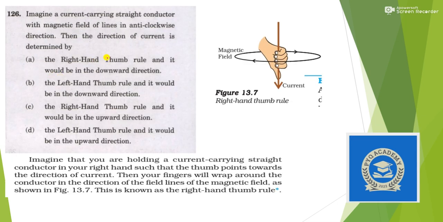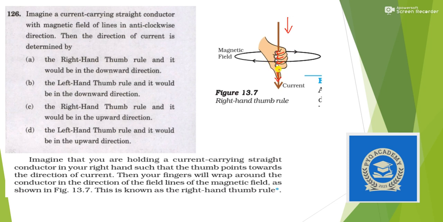Next question is from physics. Imagine a current carrying straight conductor with magnetic field lines in anti-clockwise direction. Then the direction is determined by... Suppose this is a current carrying conductor. If the thumb is denoting the direction of current, then the curled fingers denote the direction of the magnetic field.